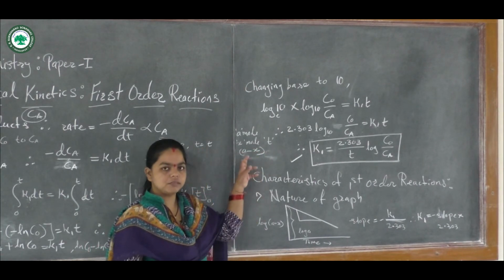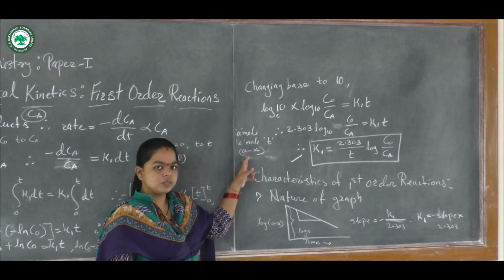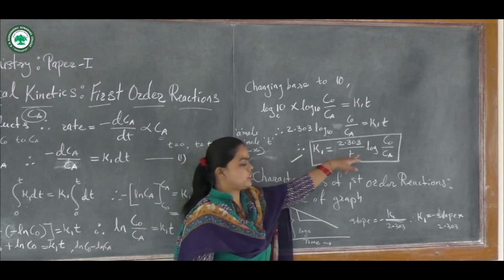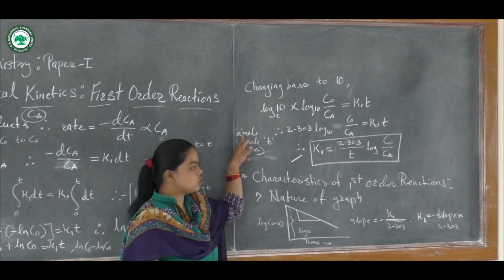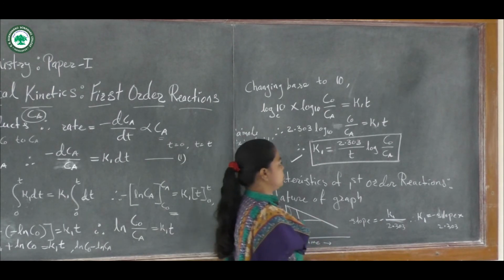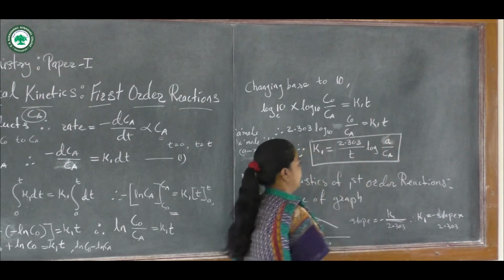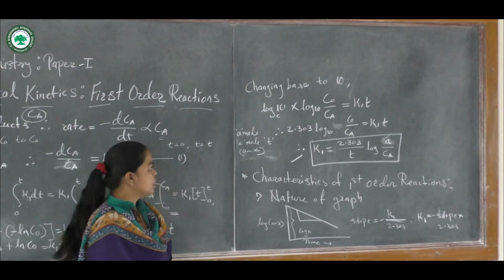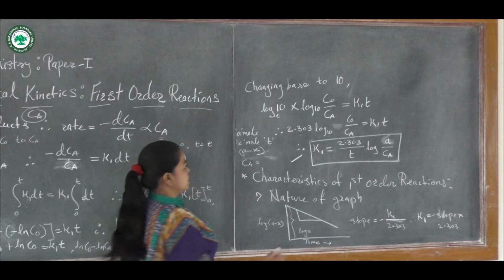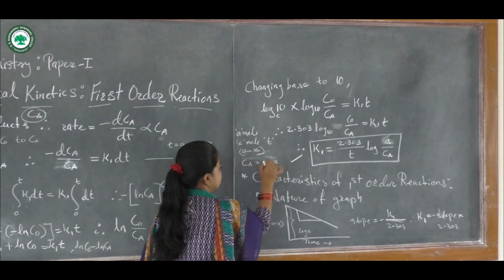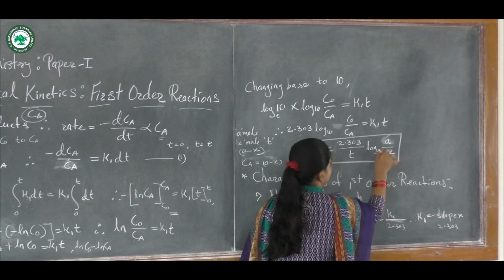So when C0 equals a moles, the initial concentration, C0 is replaced by a, and Ca, the final concentration, is replaced by a minus x.